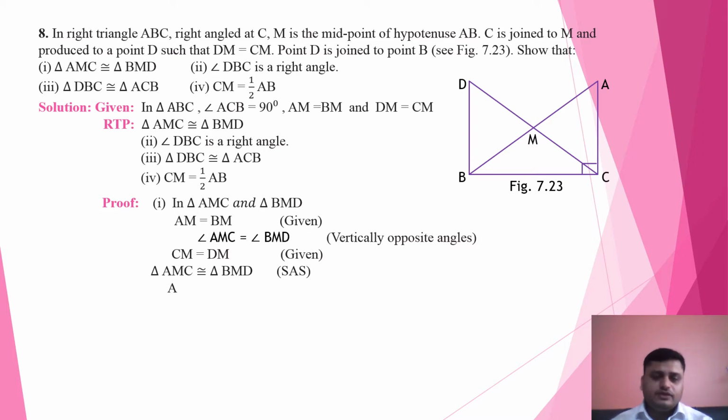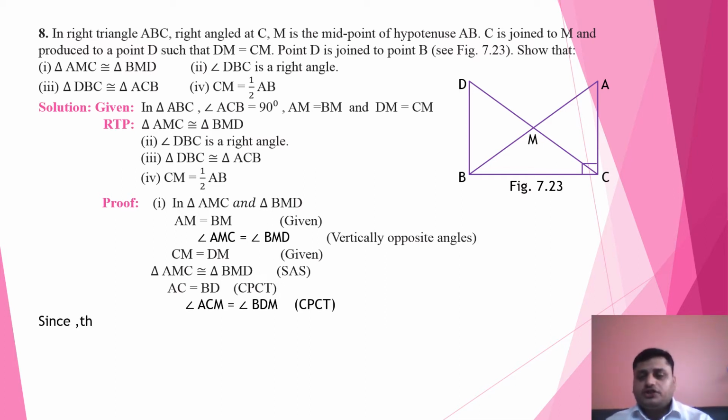Now if the triangles are congruent, then their corresponding sides are equal, that is AC is equal to BD. We will write the reason, CPCT, and after that one more thing we will write, that is angle ACM is equal to angle BDM, for the same reason, CPCT. Why have I written this? Because if a pair of alternate angles are equal, then the lines must be parallel.